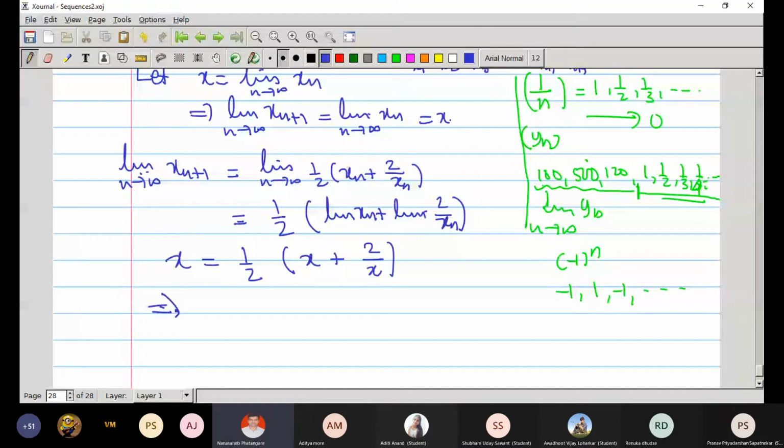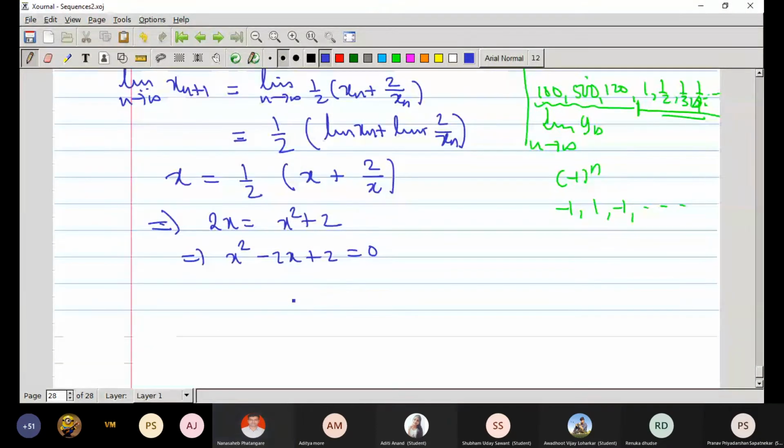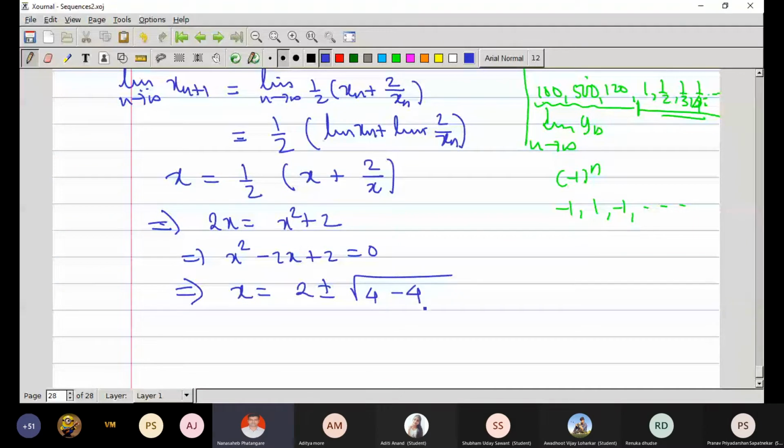Right. Now what is it? 2x is equal to x square plus 2. That means x square minus 2x plus 2 is equal to 0. So solve this quadratic equation for x. What is x? 2 plus minus square root of 4 minus 8, right?